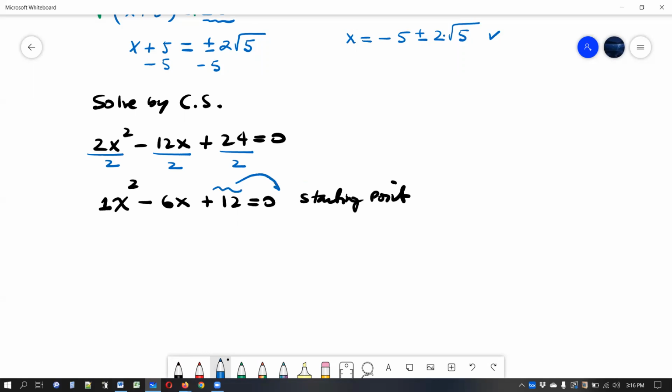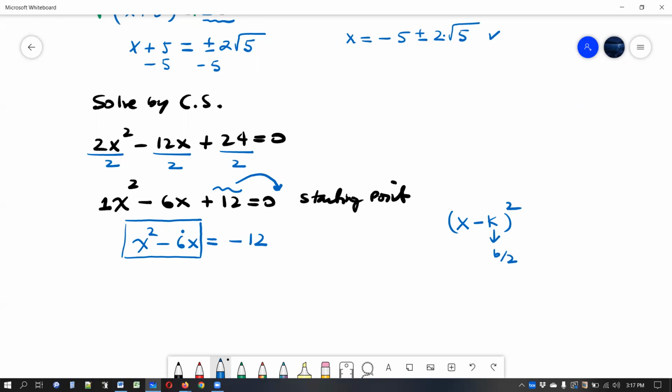This number has to go to the other side. I will subtract 12 on both sides. When I do, this becomes 0 and I get the negative 12 on the right. Now, the left side has to be rewritten so that it becomes (x minus k) squared, where k is b over 2.